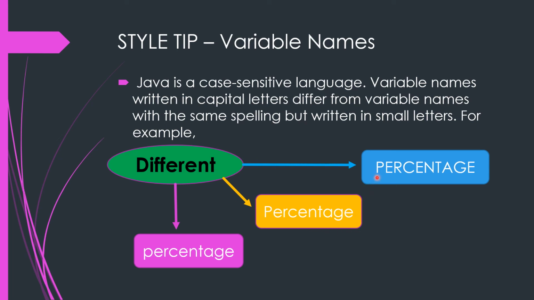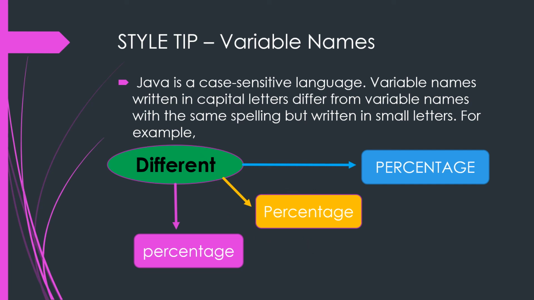And in the blue box we have written percentage all in capital letters, means uppercase. So in Java, these three will be treated as different. They will not be treated as the same variable name. That is why we say Java is a case sensitive language, because it is sensitive to case. Different case but same word means different words for Java.